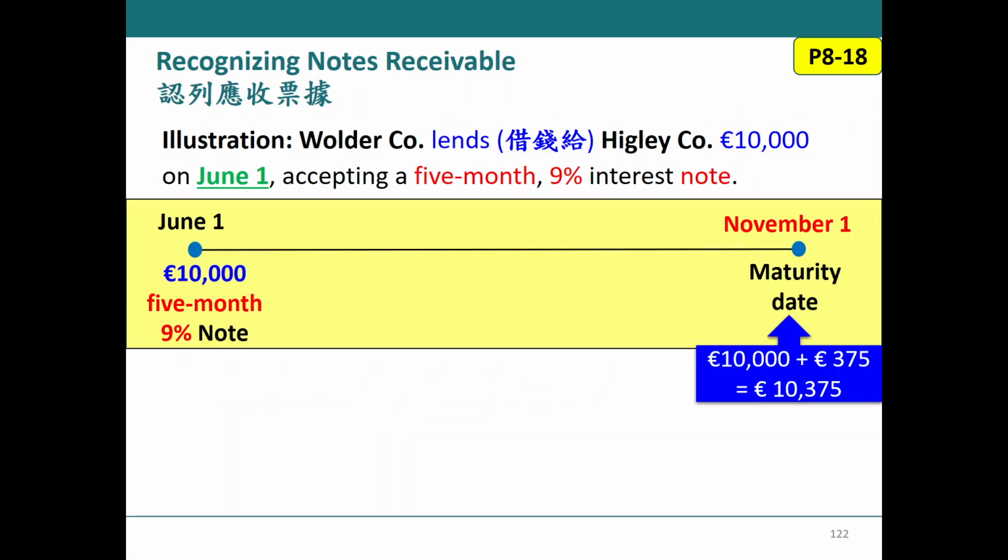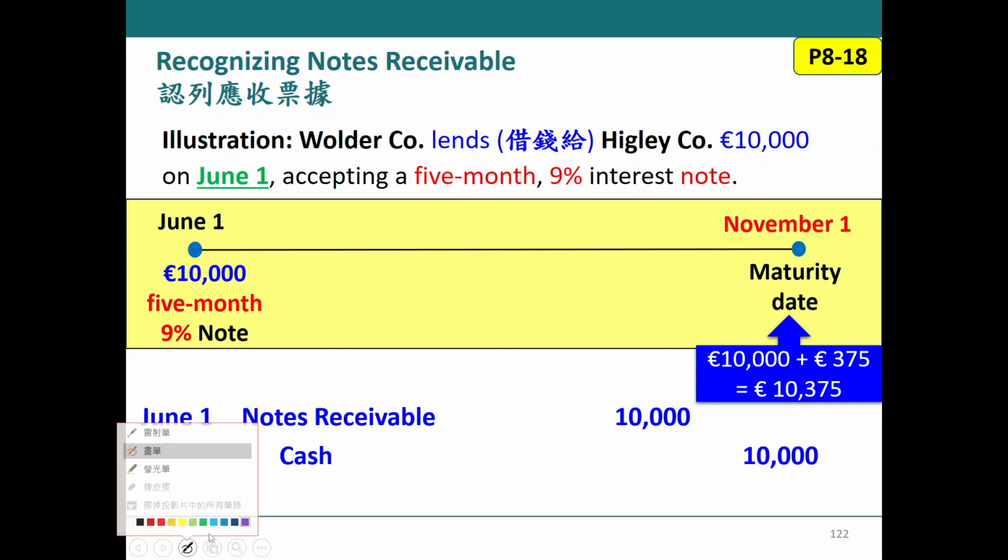June 1st, your company lends the money to the debtor, borrower, got a note. So what's a debit? What's a credit? Debit, note receivable. Credit, cash. You got a note. Your cash decreases because you give the cash to the borrower. Okay?